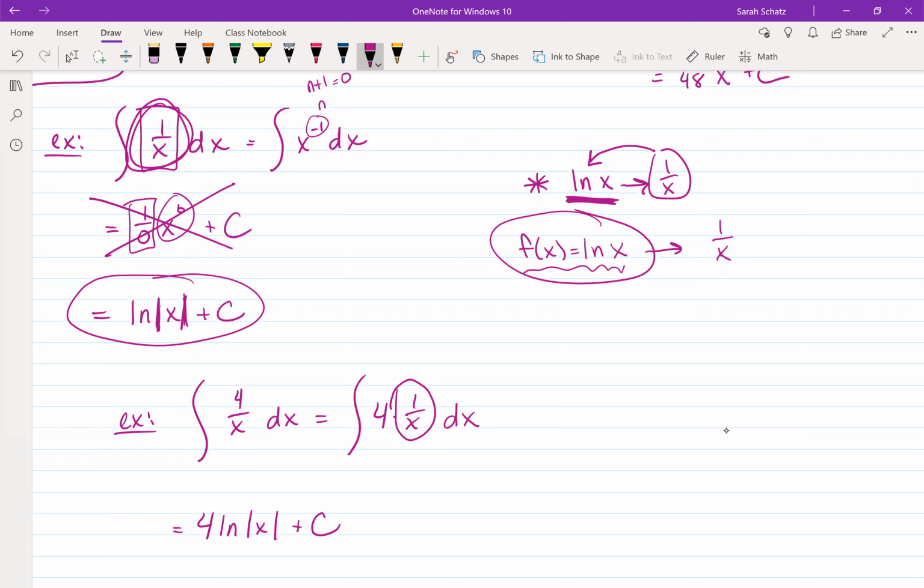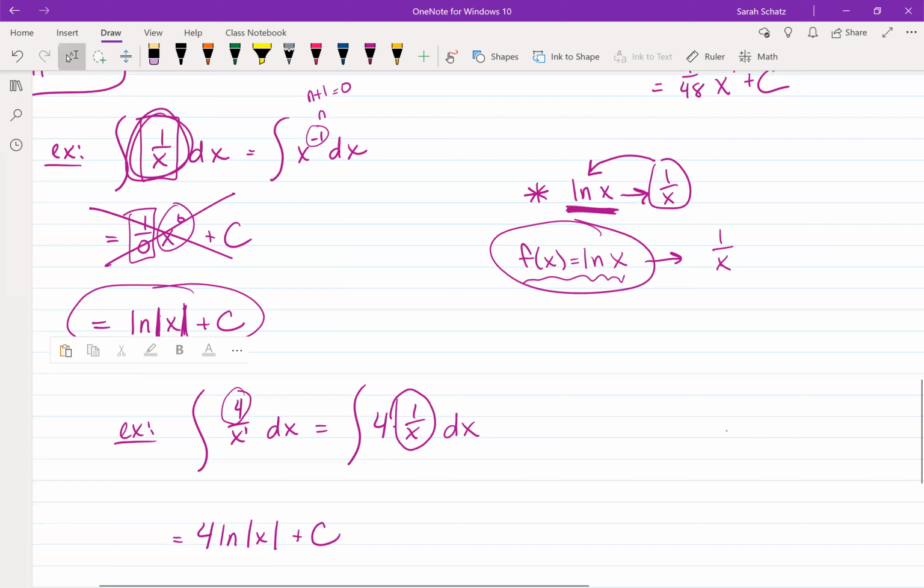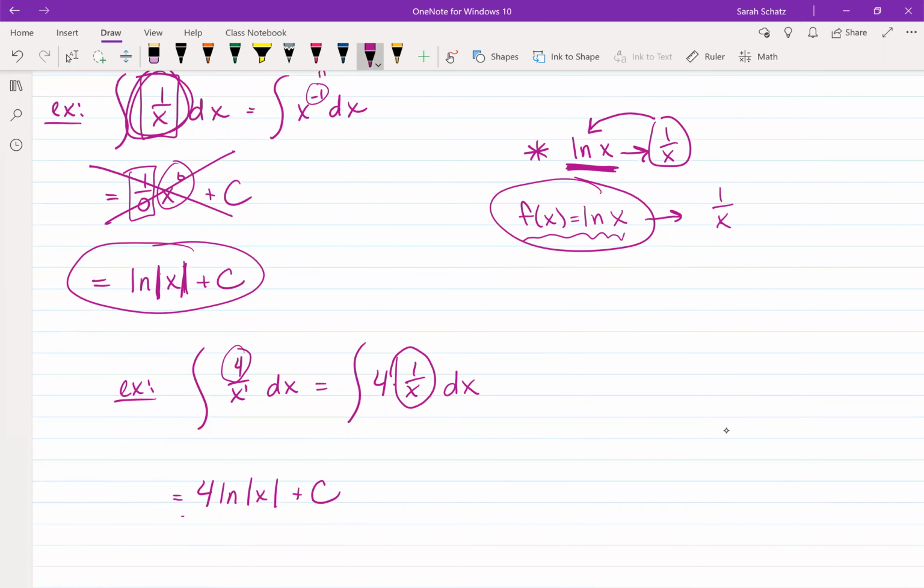So you guys, if you have x to the first on the bottom, it really doesn't matter what's on top because you can take that out as a coefficient. Your answer is going to be a natural log. Now, what if you had the antiderivative of 1 over x squared? Is this going to be a natural log? It's not, right? Because remember, you can just write that as x to the negative 2 and use the power rule, and that would work.